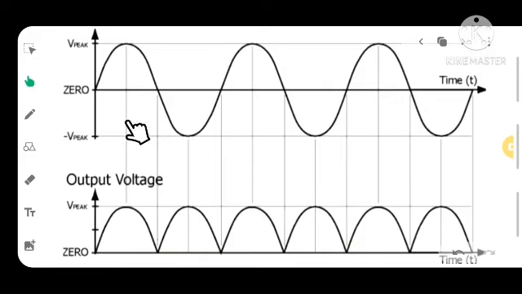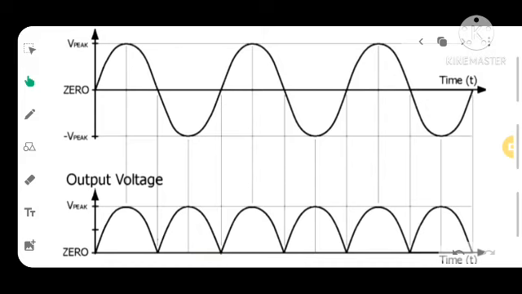Now see this diagram. It is the input waveform, as you can see, a sinusoidal wave. It is the time axis. The time taken by the waveform to complete one cycle is the time period. The reciprocal of the time period is the frequency.